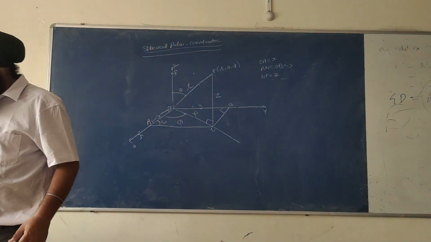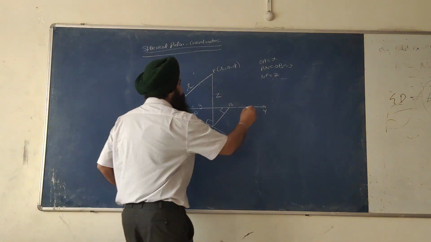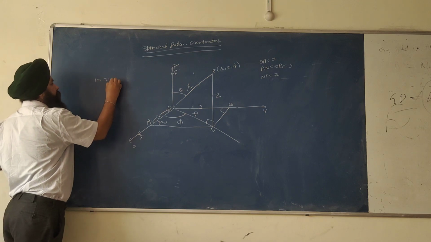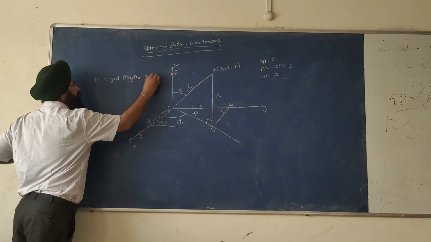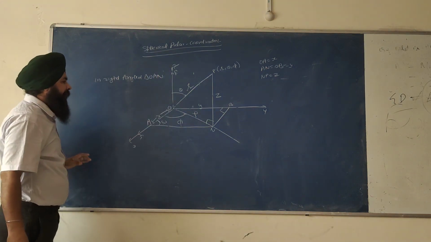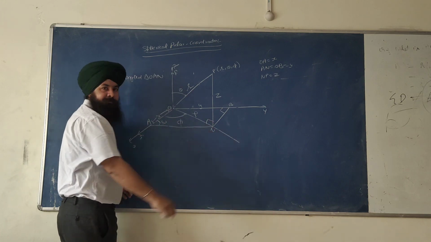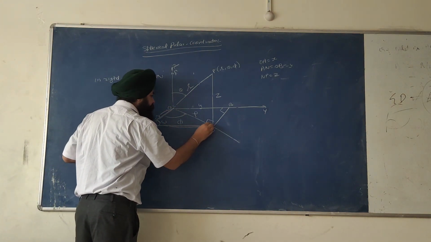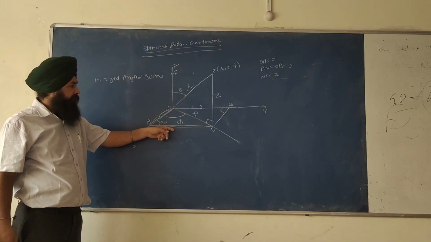Simple. Okay. Now in right angle triangle OAN, हाँ जी, this triangle OAN. See, this angle is 90. Yes, sir.